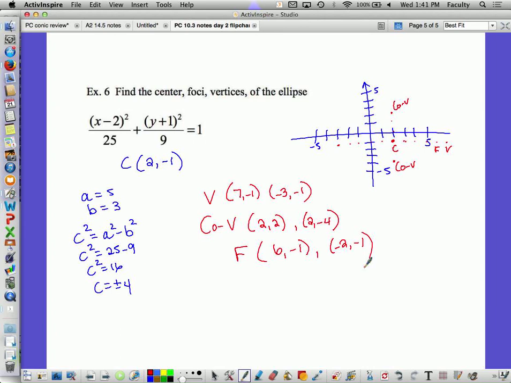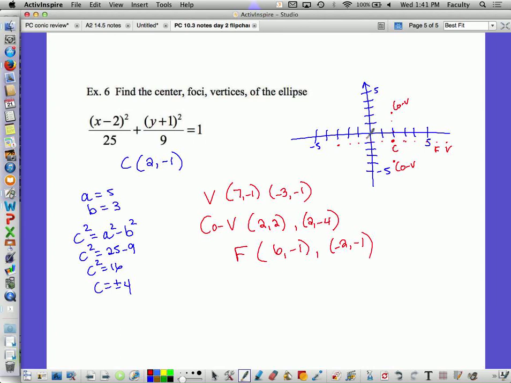All right, you can just read off the center is 2, -1. You can also identify a as 5, b as 3. You can solve for c that it's plus or minus 4. Since a is the bigger number underneath that variable, this is a horizontal major axis. So I counted 5 units to the right, 5 to the left.